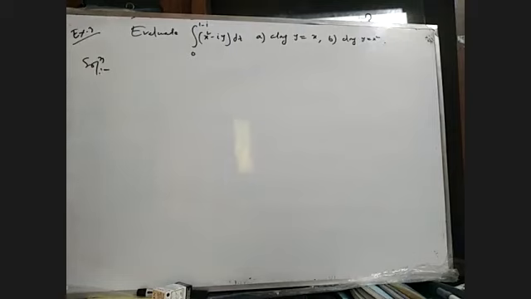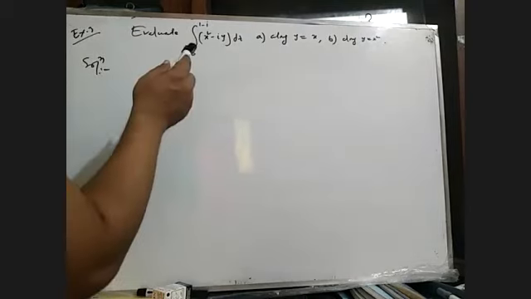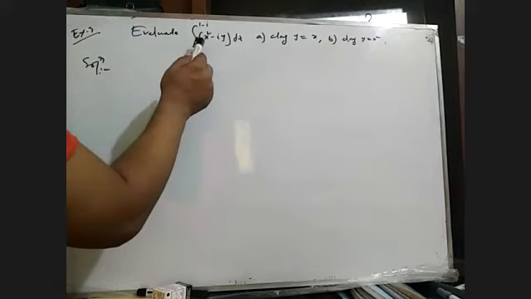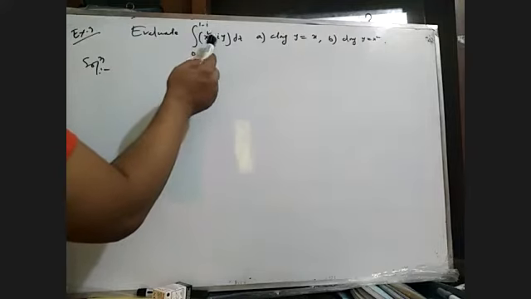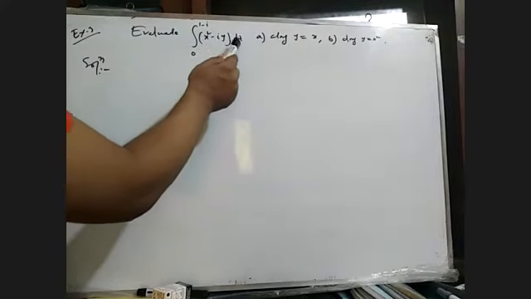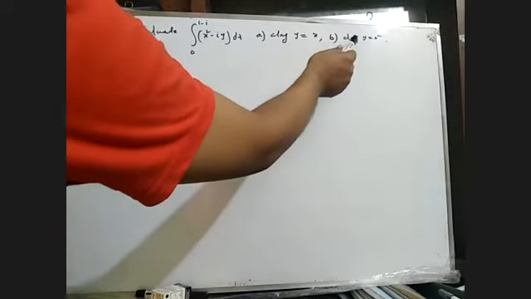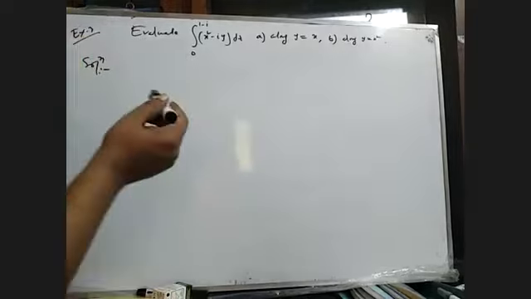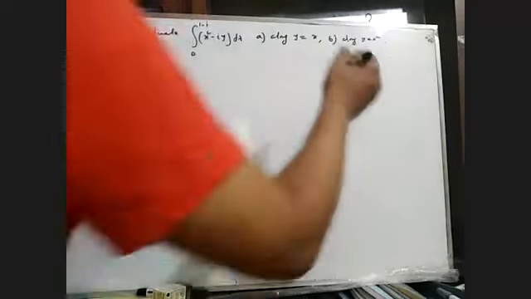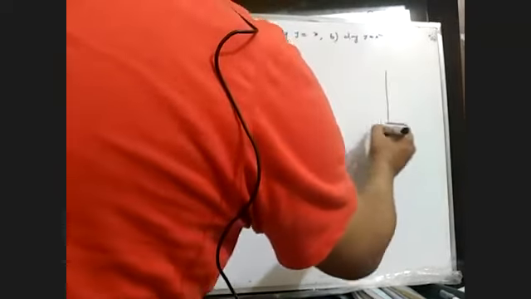Now another example, evaluate the complex line integral 0 to 1 minus I x square minus iy dz along the path y equals to x and along the path y equals to x square curve. You must know we can draw these two curve like this.